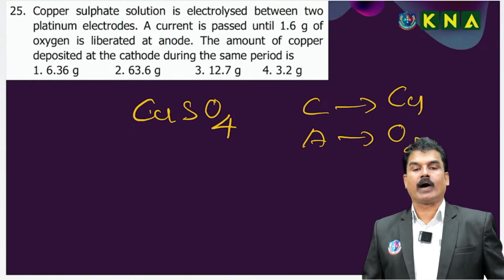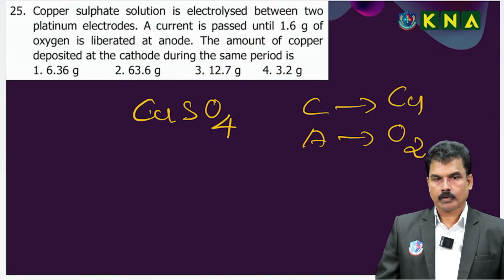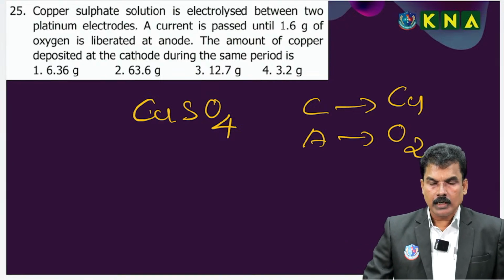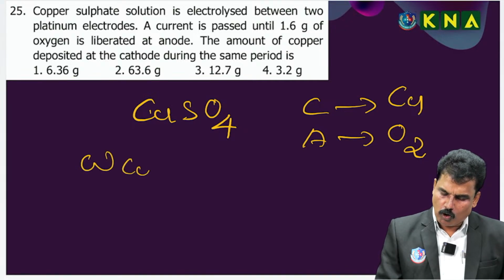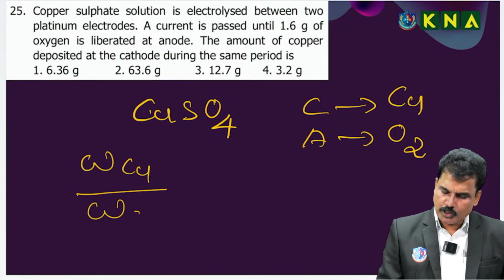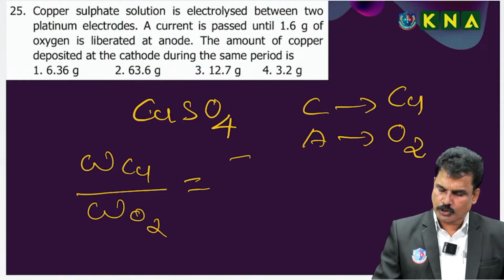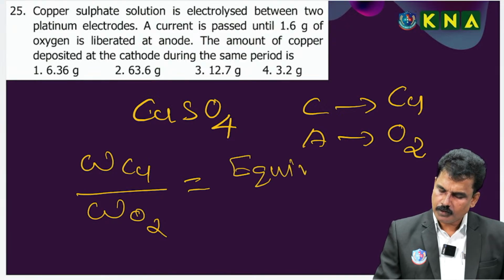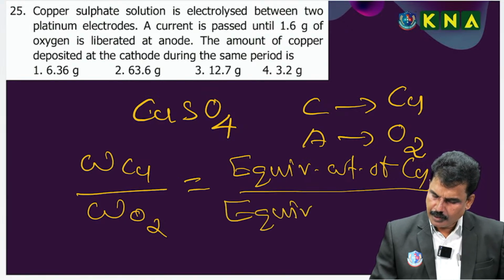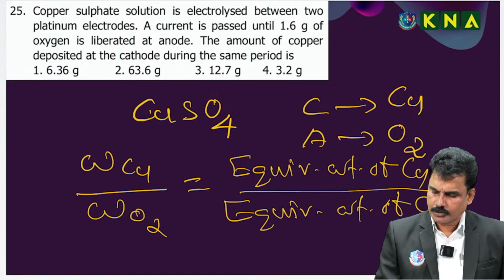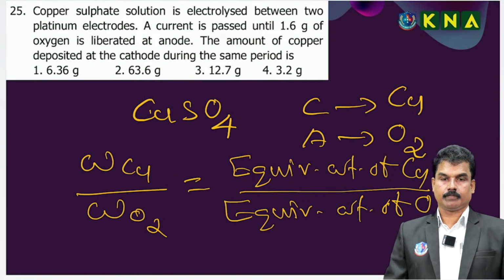Okay. According to Faraday's second law, when two substances are deposited at the electrodes, what is the weight ratio? Weight of copper deposited by weight of oxygen deposited is equal to equivalent weight of copper by equivalent weight of oxygen. That is the relation.